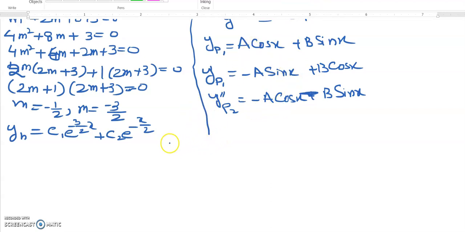The original equation was y double prime plus 2y prime plus 0.75y.